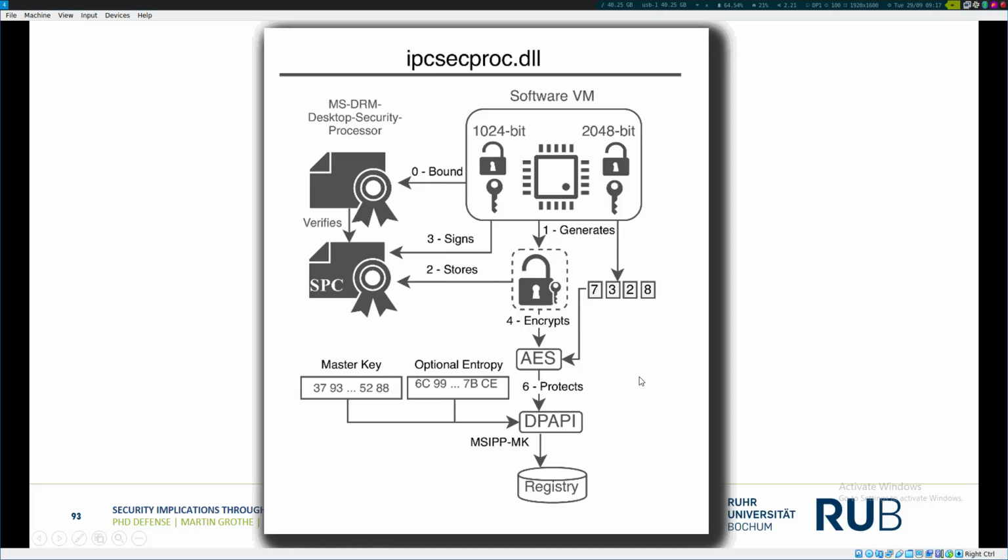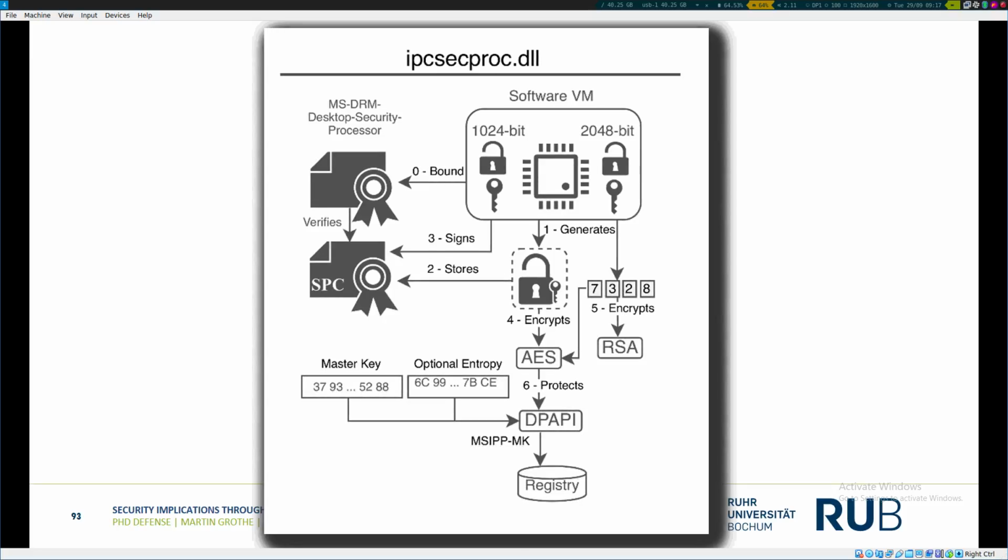So what did Microsoft do? They used these whole 48 bytes and encrypted them inside of the software VM. There is a special function they call, and as an input they use these 48 bytes and do an RSA PKCS1 encryption process.